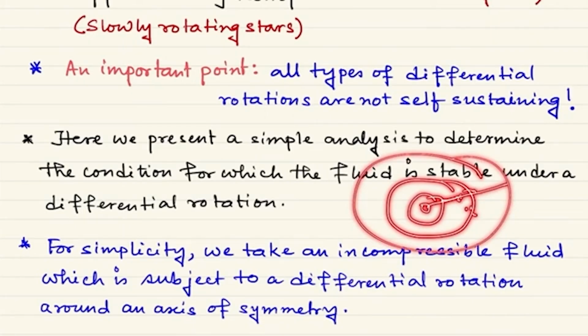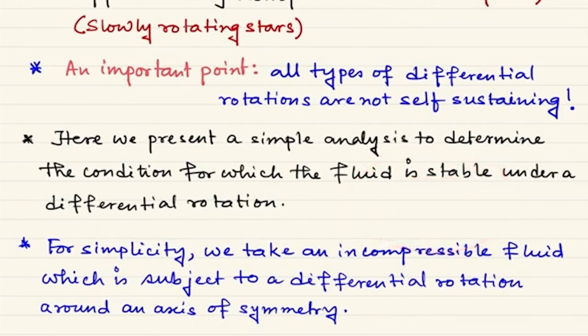Now, if we perturb the system, would the system try to get back its original configuration with the differential rotation? Let's say the perturbation is done in such a way that the differential rotation state is made to tend towards a solid body rotation. Would that be a stable state?